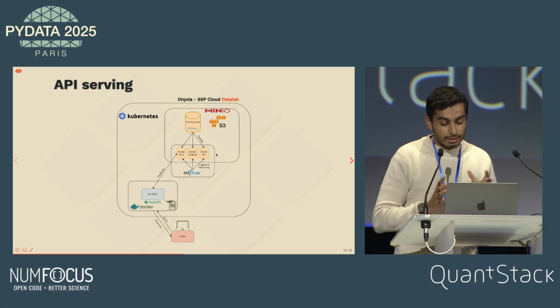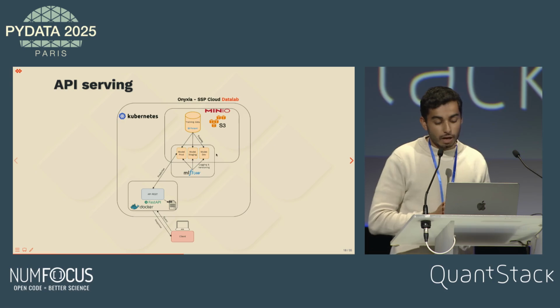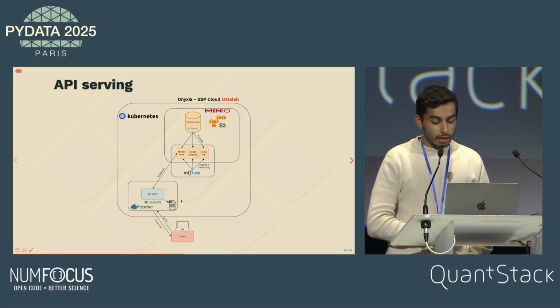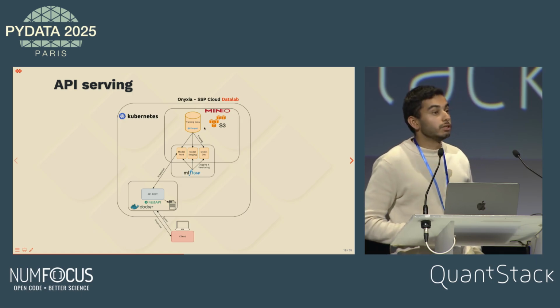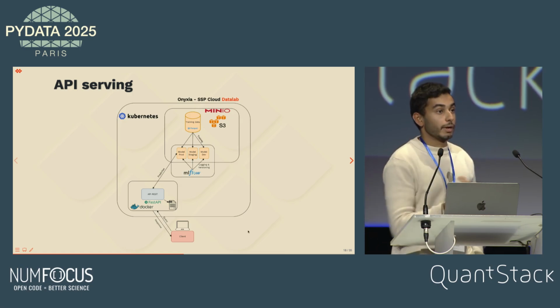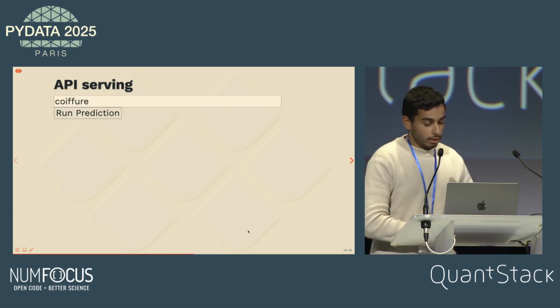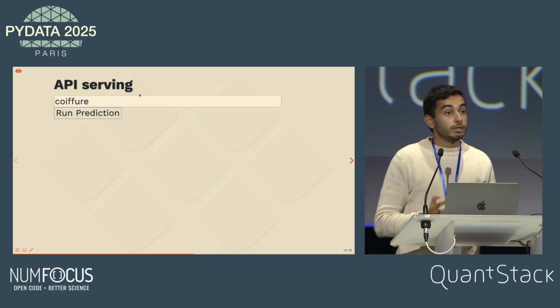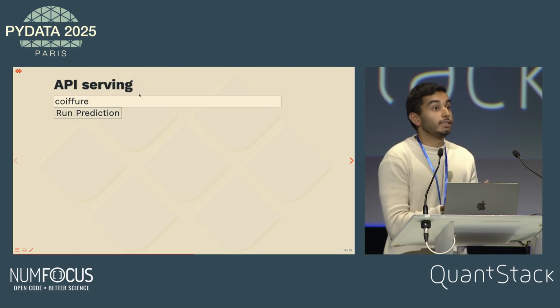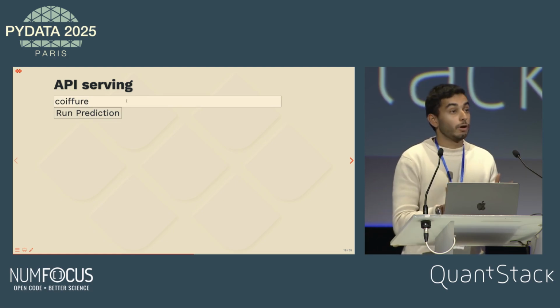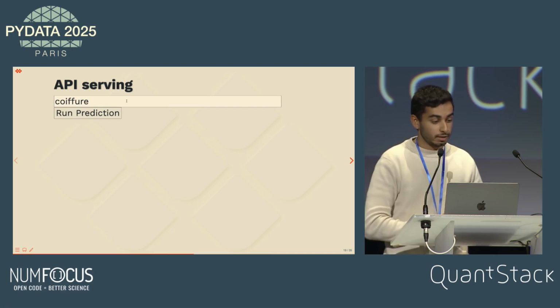This is a schema of how it's done. Basically, we have the API, which is related to the S3 storage, and the client interrogates the REST API directly to get the answer. And it's very easy. This is the publicly deployed API that we have deployed on the SSP Cloud, which is the Onyxia instance at Insee.